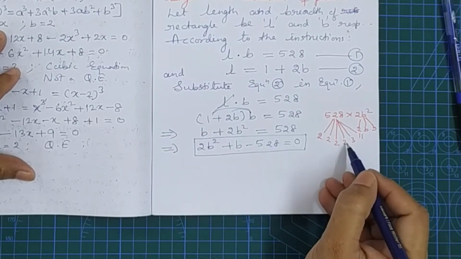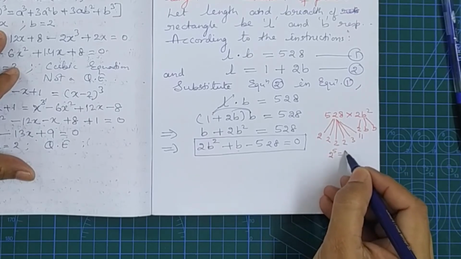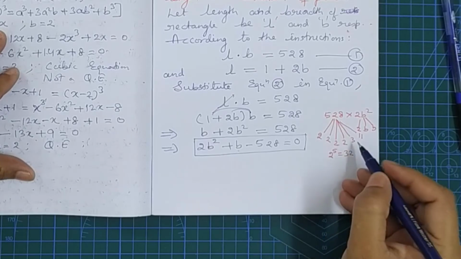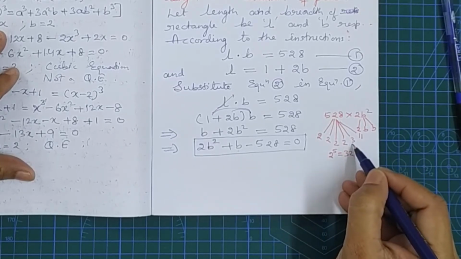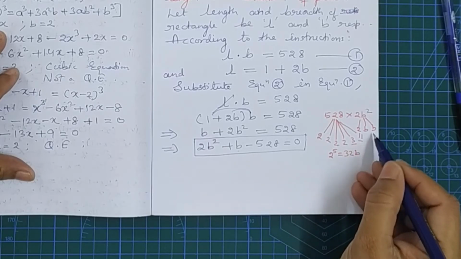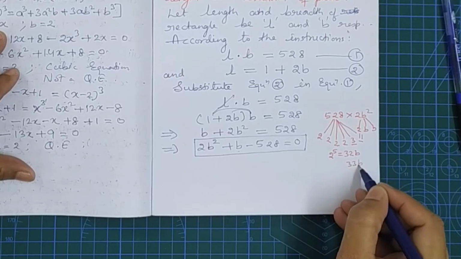So we can go for a trial of 2 into 2 into 2 into 2 into 2, that is 2 to the power 5, which is 32 in one set, with a b. And 3 into 11 is 33, and another b.